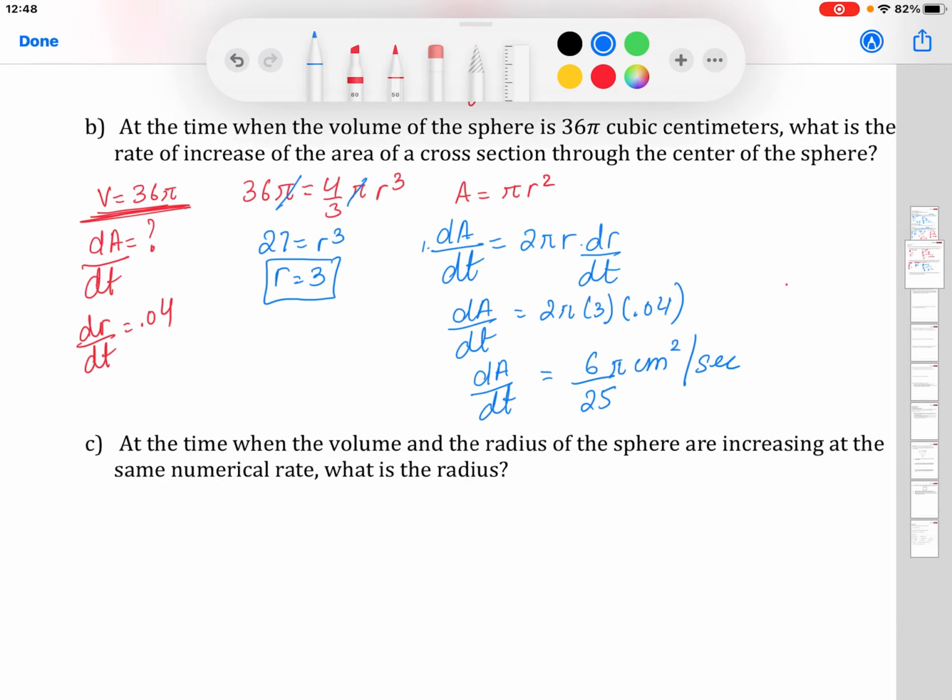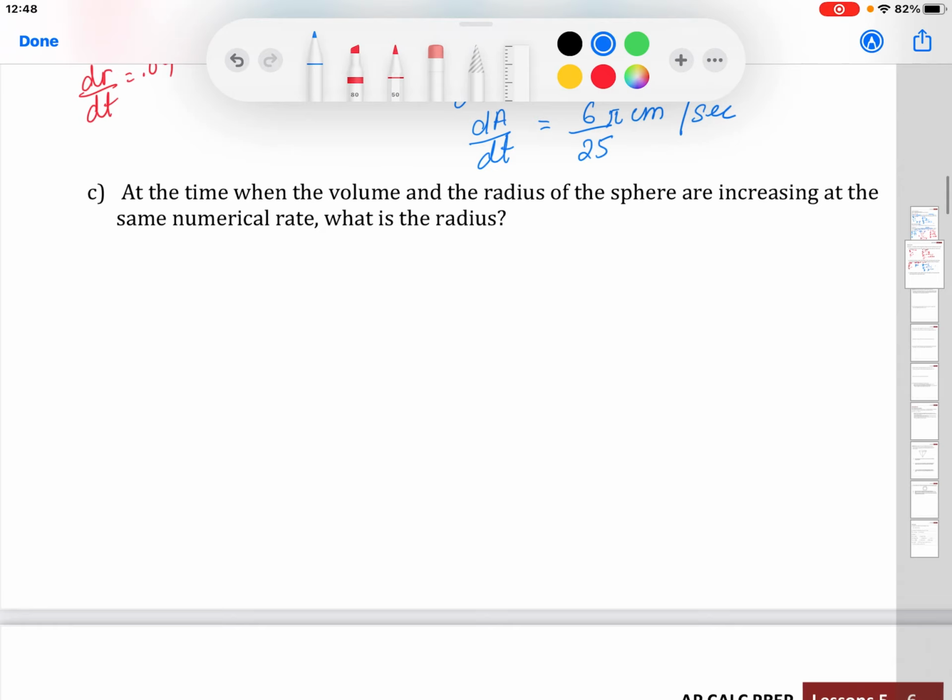Part C. At the time when the volume and the radius of the sphere are increasing at the same numerical rate, what is the radius? So it's saying at the time the volume and the radius of the sphere are increasing at the same rate. Meaning what? My dV dt is the same thing as dr dt, right? So I want to find the radius.